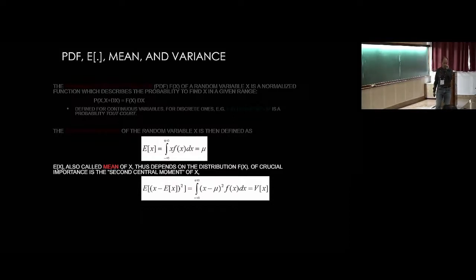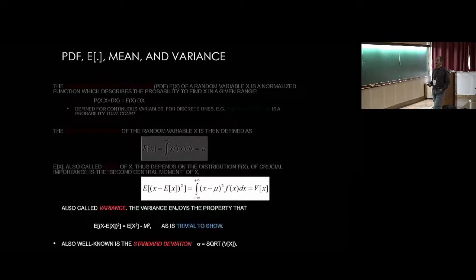And this is the second central moment, because it's how much x departs from its expectation value, squared. So it's the second moment of the distribution. And we call it the variance. All right? That is what the variance is. That is the definition of the variance.